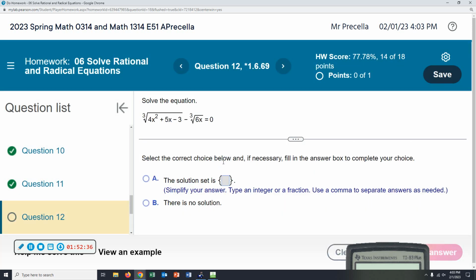Oh, number 12 looks terrible, but it isn't. But there's a little bit of shuffling around before you start cubing both sides. What do you have to do? Remember I said, before you raise both sides to a power, you must first isolate a radical. Here you're going to be isolating not just one radical, but 2.